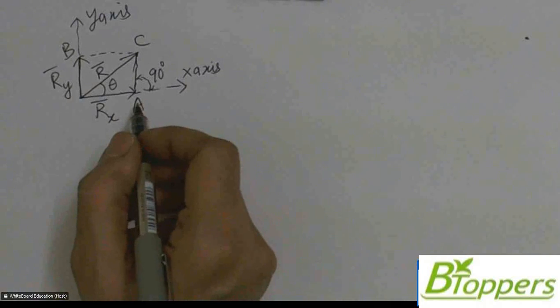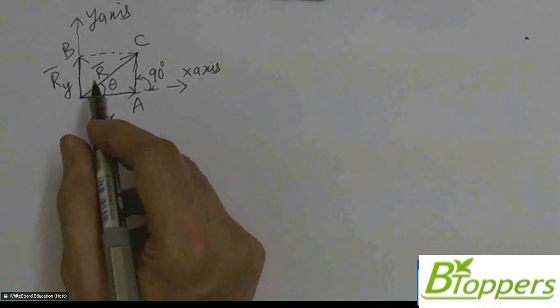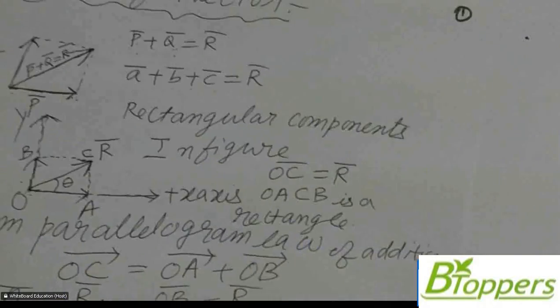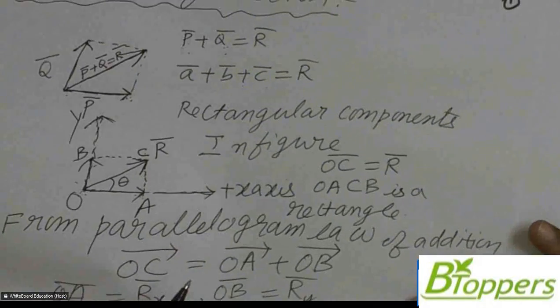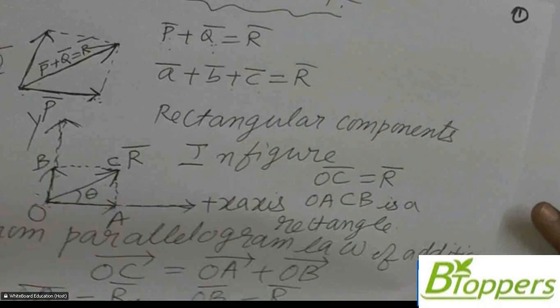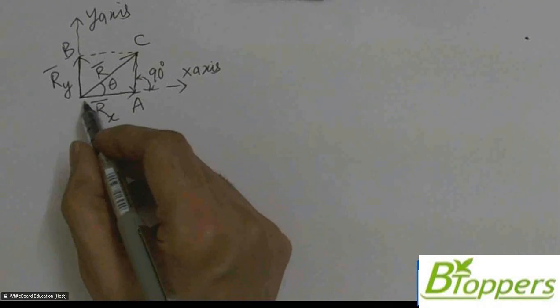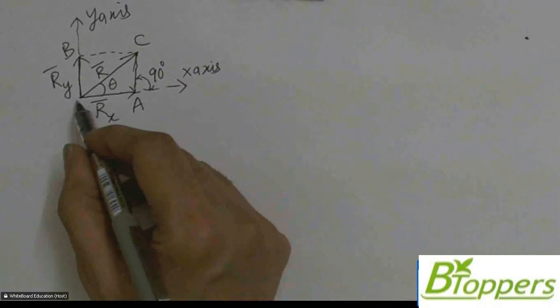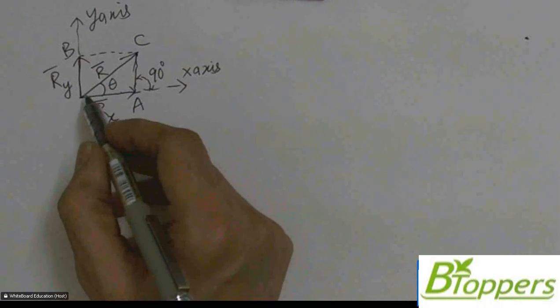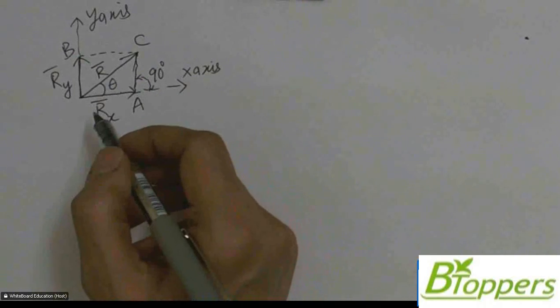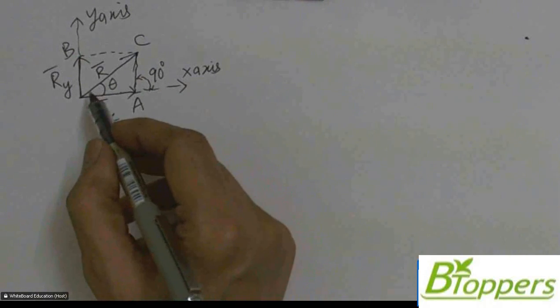So I have again drawn the same diagram which I have shown you in the previous discussion. As I told you, the OA bar and OB bar can be called the component vectors of vector R bar.